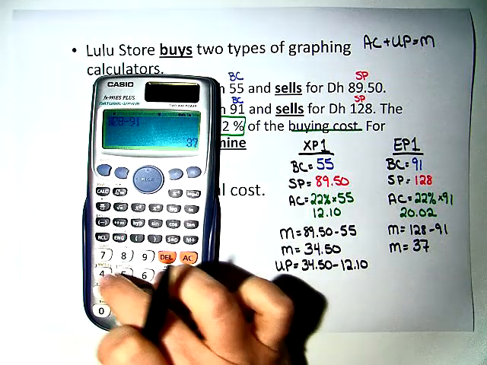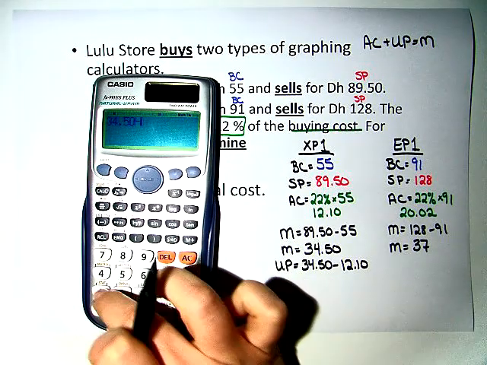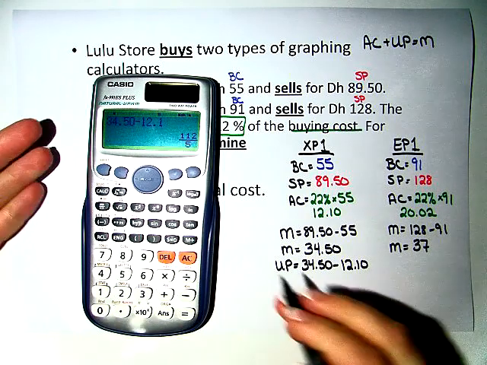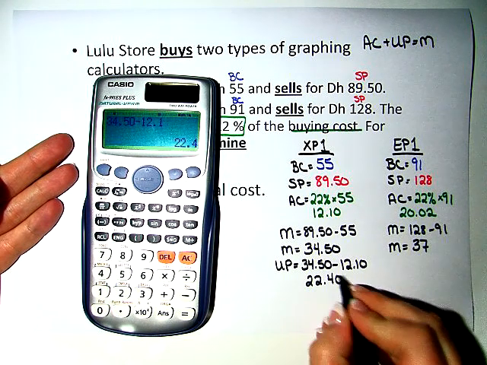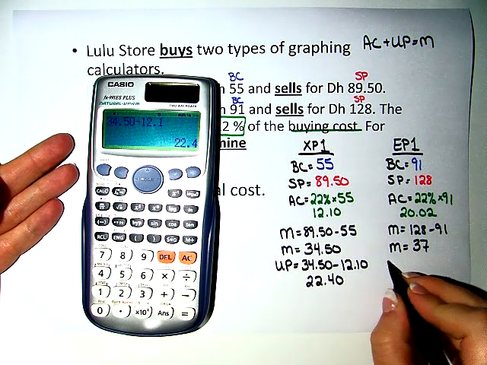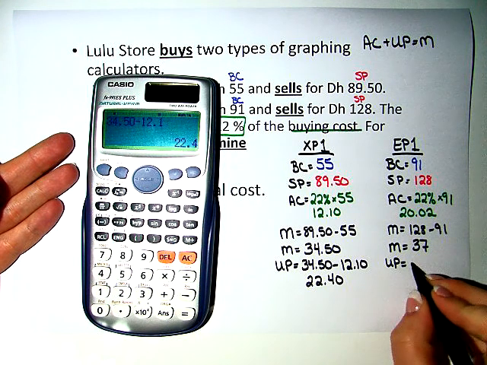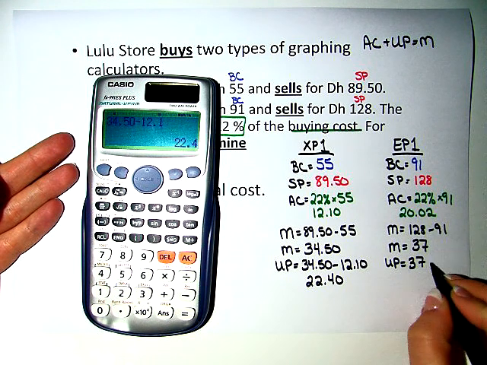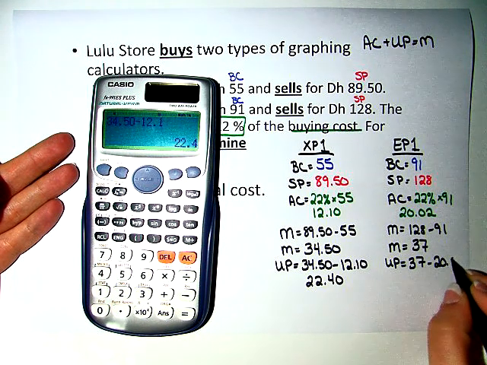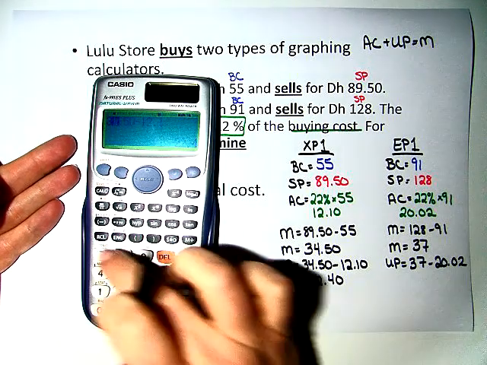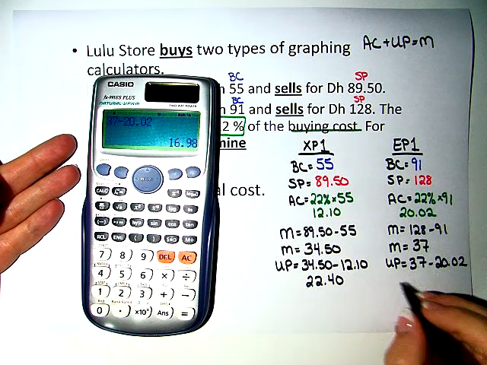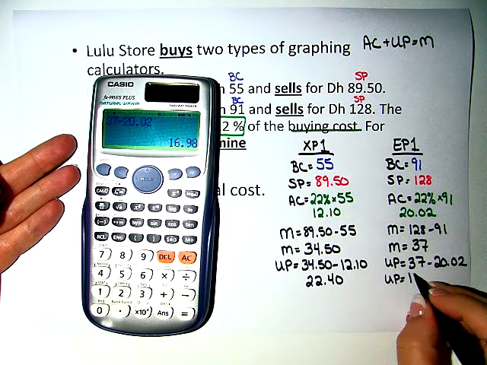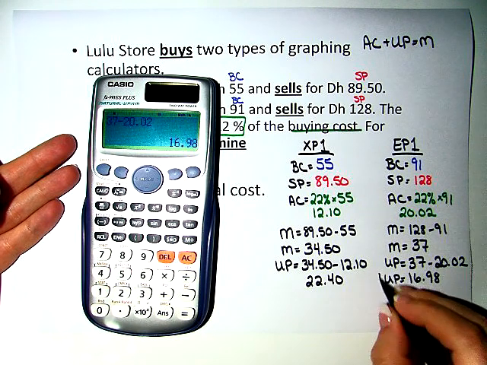Okay, 34.50 minus 12.10 is 22 dirhams and 40 fils. Okay, the unit profit here is the margin, 37, minus the additional cost, 20.02. So 37 minus 20.02 is a unit profit of 16.98.